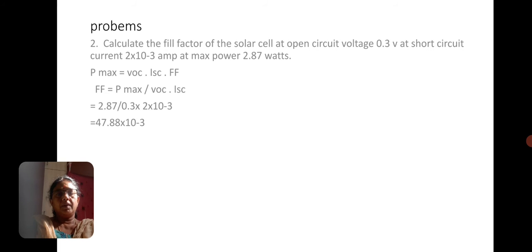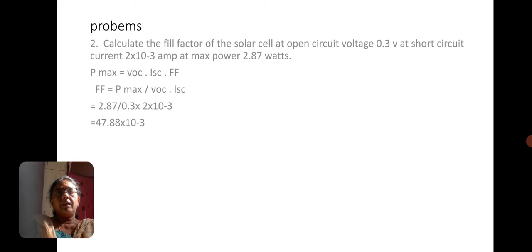Dear students, in the final year itself there is an experimental part on the solar cell. In that you calculate the current versus voltage, and by that you can calculate the fill factor and everything.